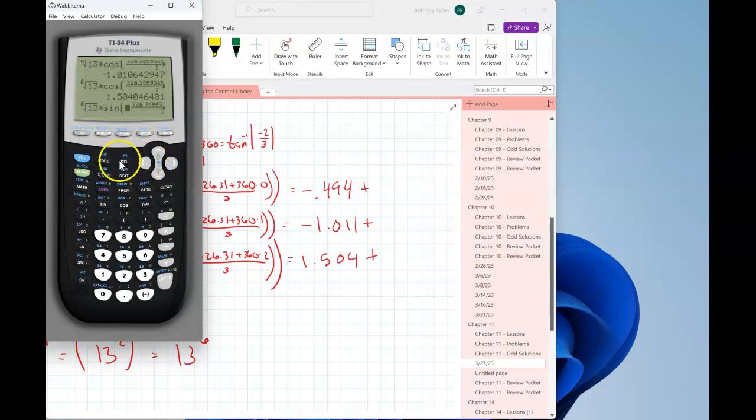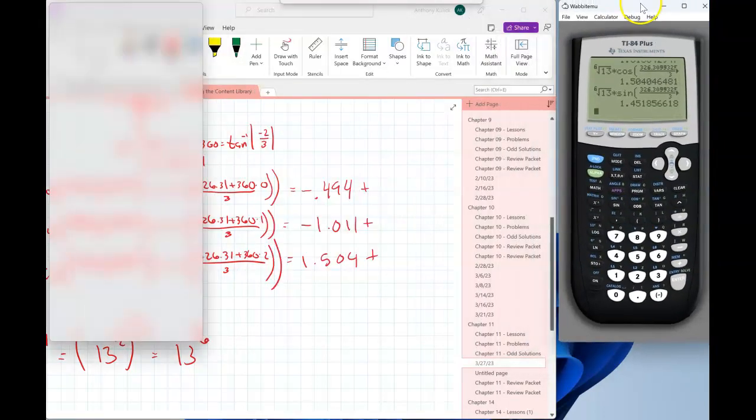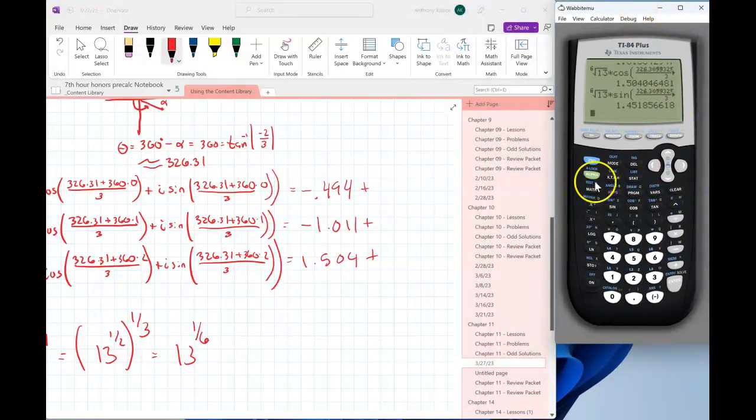Sorry. There's that first one. That's the imaginary component for the first value. And then I'll update that to 360 times 1. That's my second answer's imaginary component. And then update it to 360 times 2. That's my last answer's imaginary component.